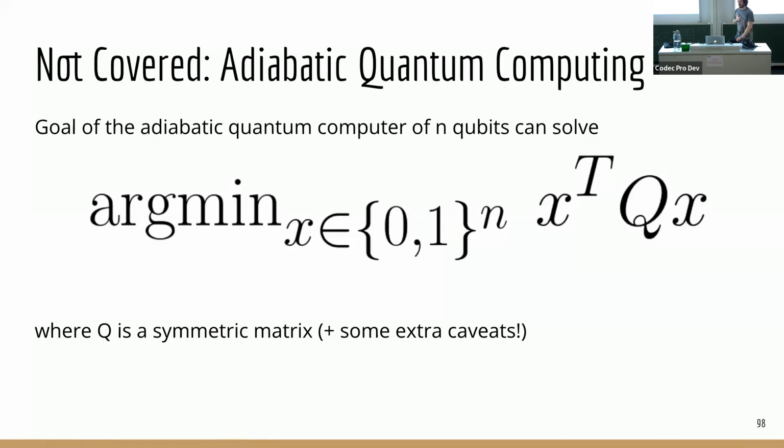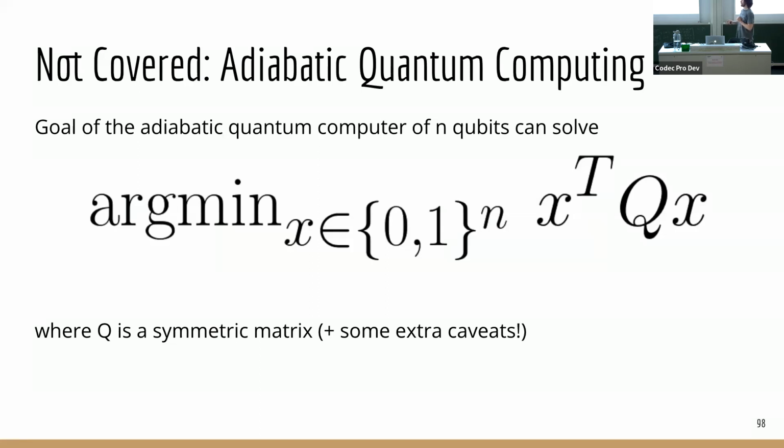So what an adiabatic quantum computer can do is solve a binary vector optimization problem. What this is: I give the quantum computer some matrix Q, and then the computer will return an X, which is just a vector of length n with entries 0 and 1.